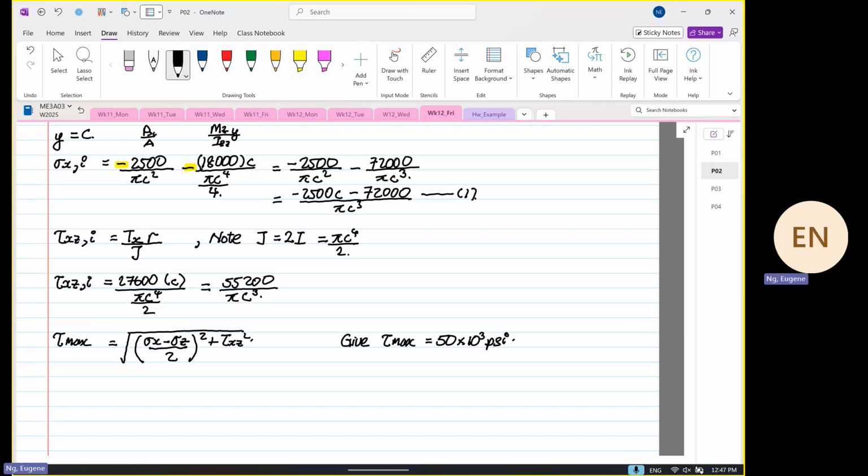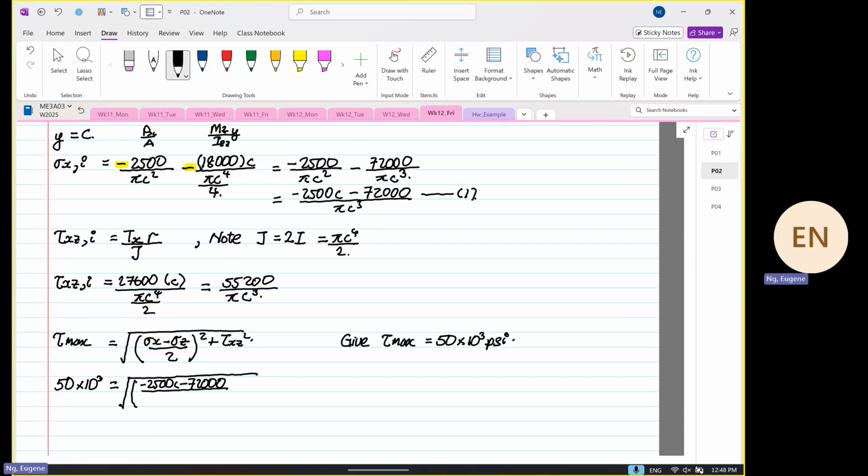So we will have 50 times 10 to the power 3, and then we will have stress x, minus 2500 over C, minus 7200 over C cubed, and then we are going to divide by 2, since stress z is equal to 0.